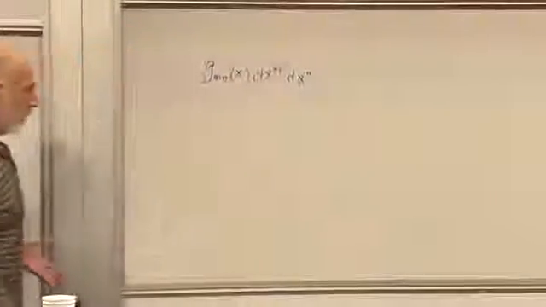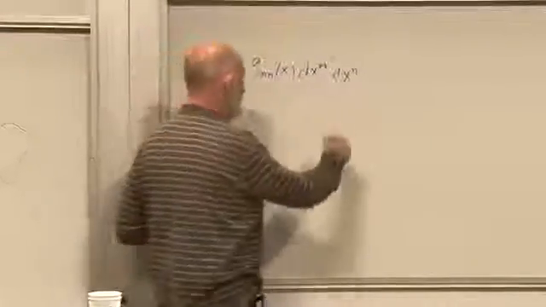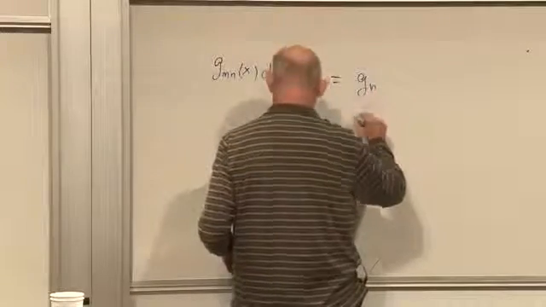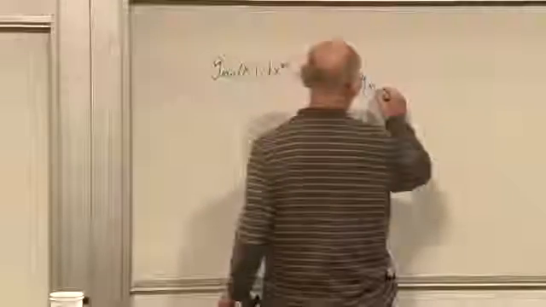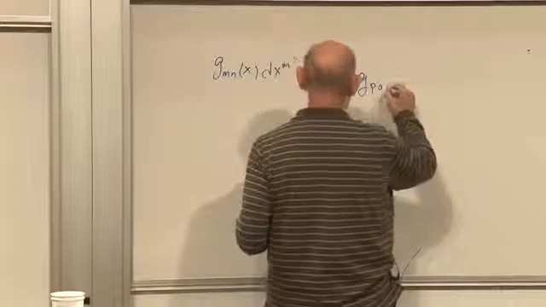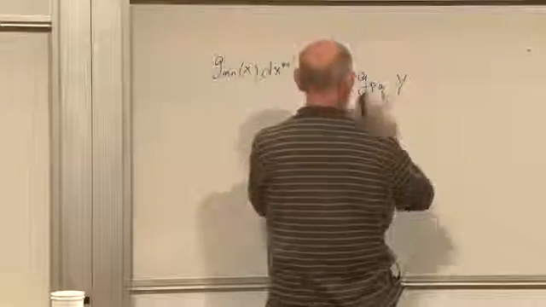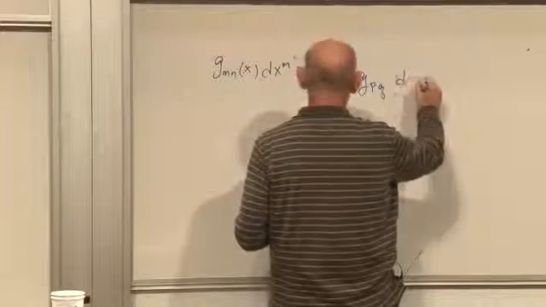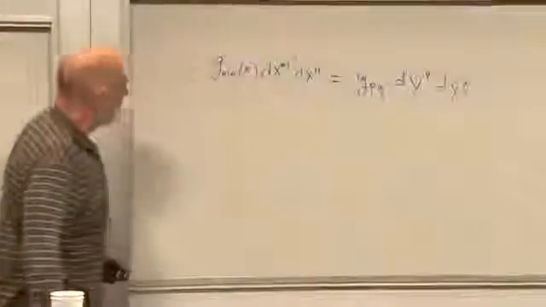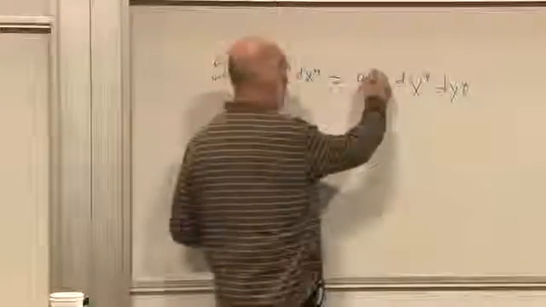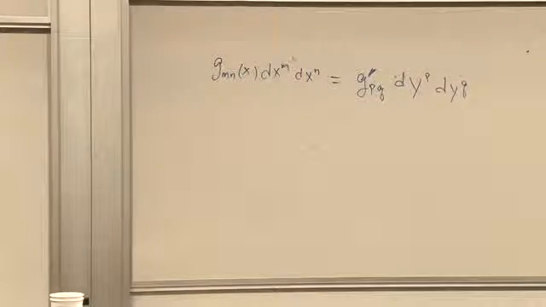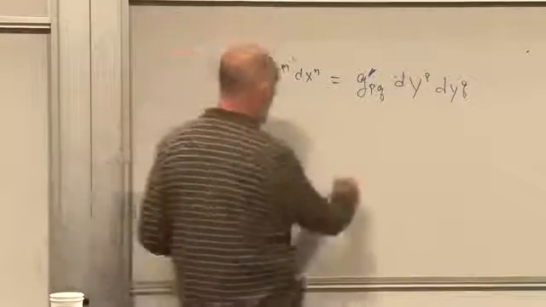But now let's go to the y coordinates, the primed coordinates. This must be equal to, let's call it g, I don't know, call it g'_pq. I don't want to use the same index. g'_pq dy^p dy^q. Now there's something wrong. This isn't quite right. That's because this should be the primed components of the tensor, the tensor in the primed coordinates, in the y coordinates.